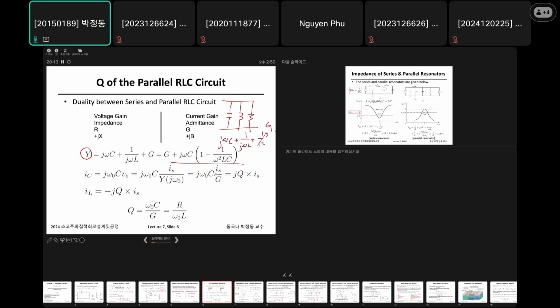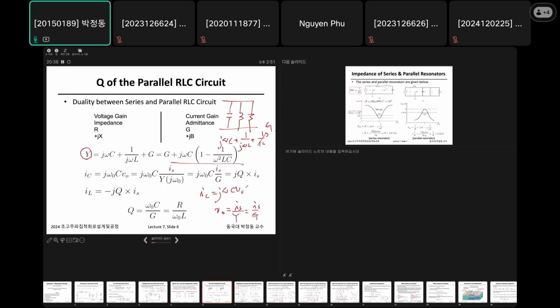In the same way, as we observed, IC is jωC V0. At resonance, what happened to V? V0 is just IS divided by Y. This is G, so which is just IS/G.